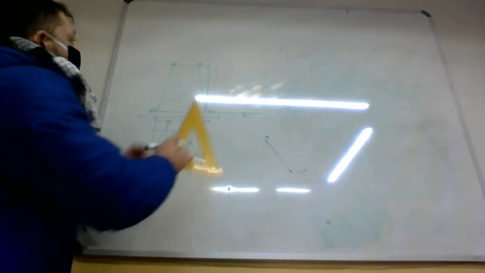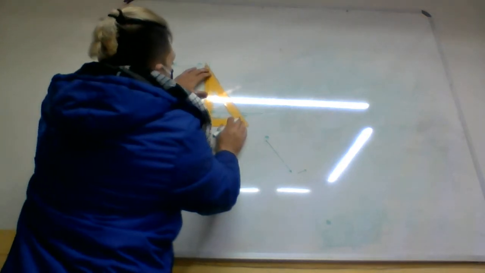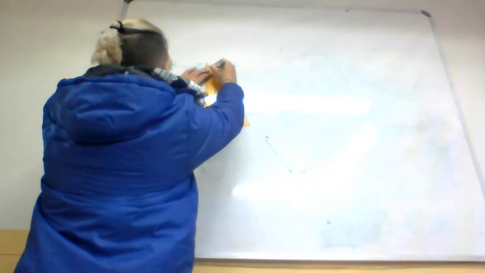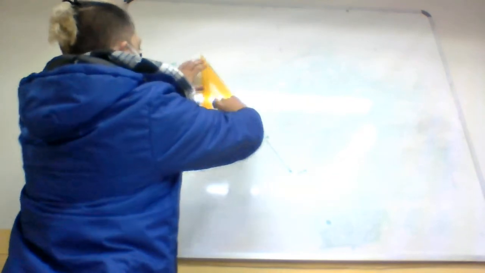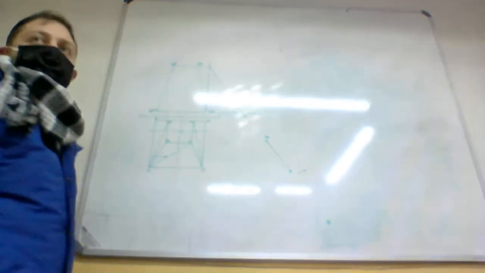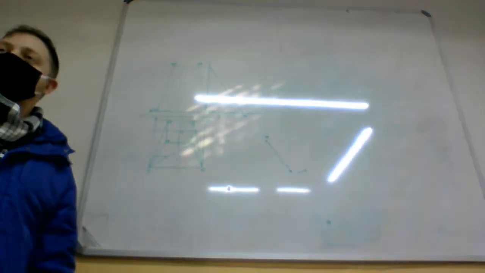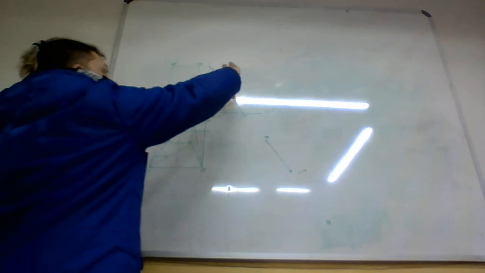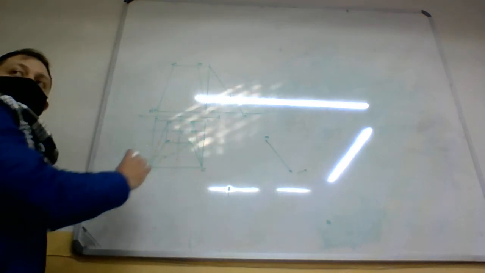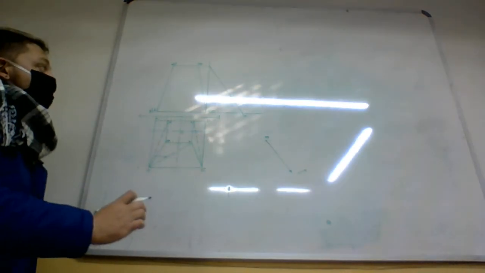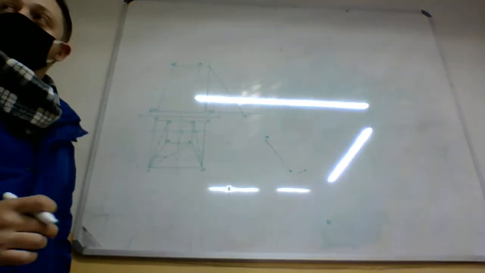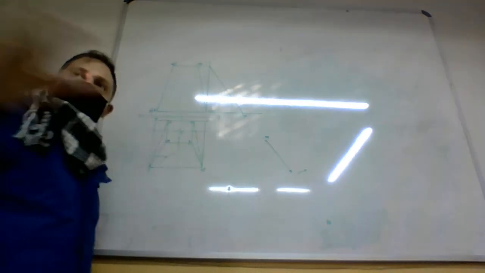Okay. And then you go and draw a line to that point at the top. Okay, so that is your true length of that. Okay, so now you go and measure that line with your compass.